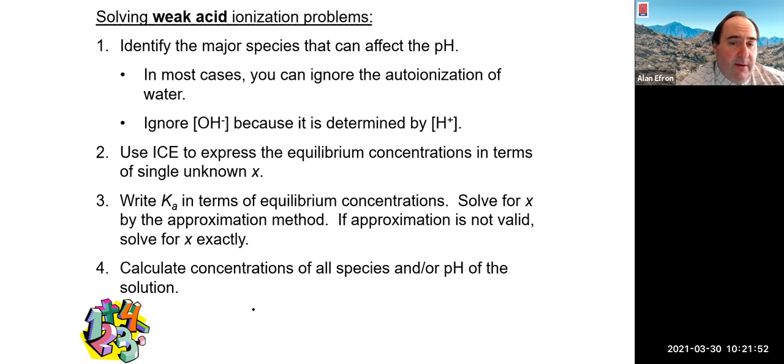So again, you want to approach these the same way. Just like before, if you want to do the assumption, you can. If it works, it's good. If you want to skip the assumption like we talked about in the equilibrium chapter and go straight to the quadratic, you could do that too. Should get you the same answer, maybe slightly off with some rounding.